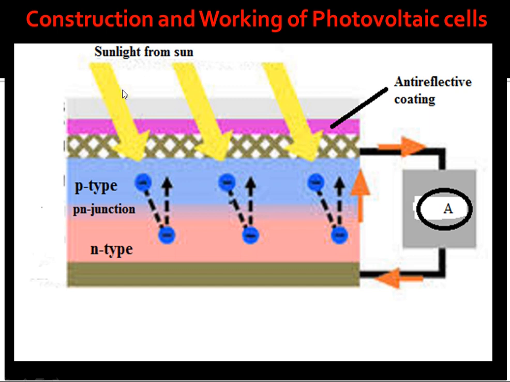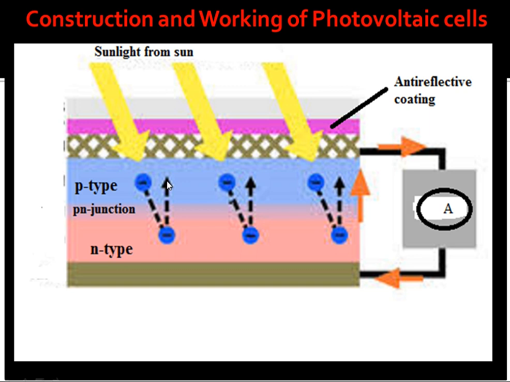When sunlight strikes the surface of the PV cell, it ejects electrons, which migrate from N-type to P-type. These electrons are called light stimulated electrons, that is, electrons stimulated by the hitting of light.